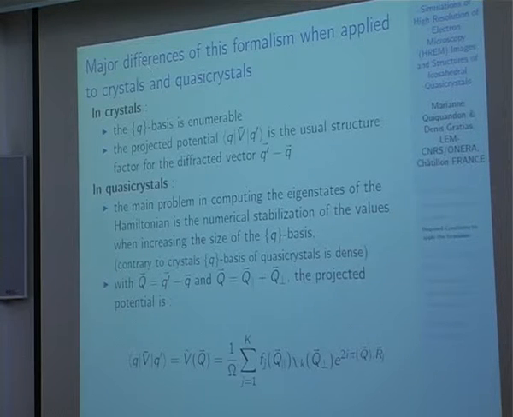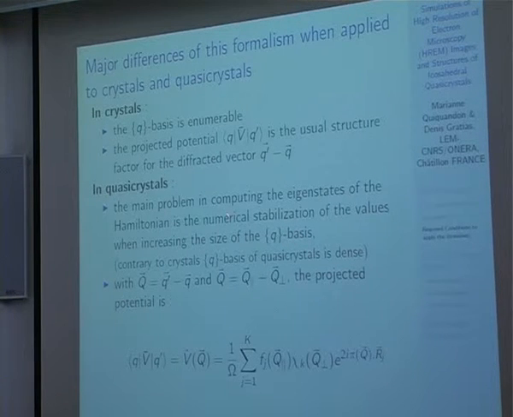What are the differences between crystals and quasicrystals about this formalism? In the case of crystals, the Q basis is enumerable, and the projected potential is the usual structure factor for the diffracted vector Q prime minus Q. In quasicrystals, the main problem in computing the eigenstates of the Hamiltonian is the numerical stabilization of the values when increasing the size of the Q basis.